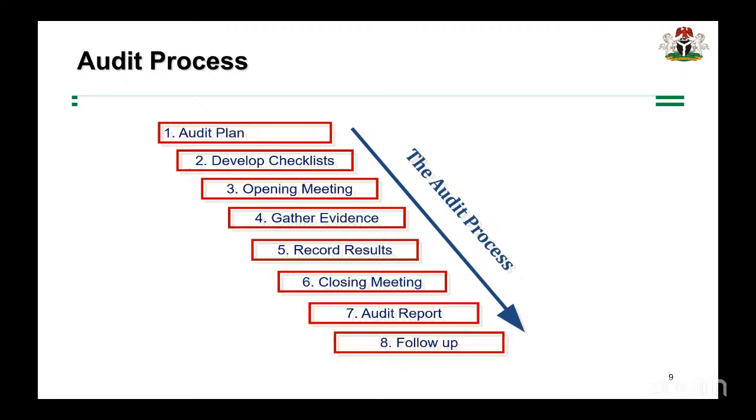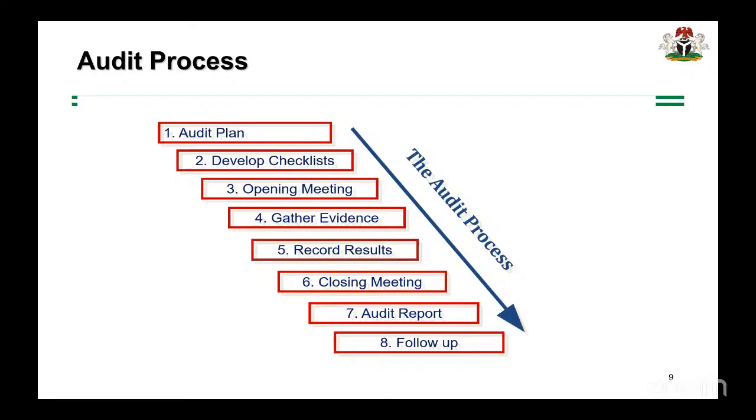You develop checklists. If you don't have a checklist, you can develop a checklist. Have an opening meeting, gather the evidence, record your results, closing meeting, then we have the audit report and what? A follow-up of the audit. This is what is known as the audit process. One, you should have an audit plan. Two, develop a checklist.